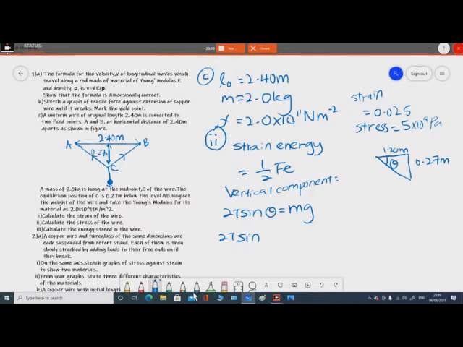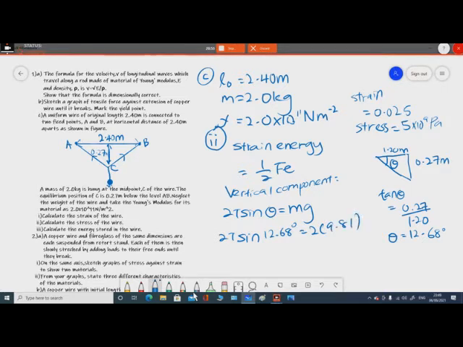Tangent theta is opposite over adjacent, so our angle is 12.68 degrees. So 2T sine 12.68 degrees equals mg, which is 2 times 9.81.